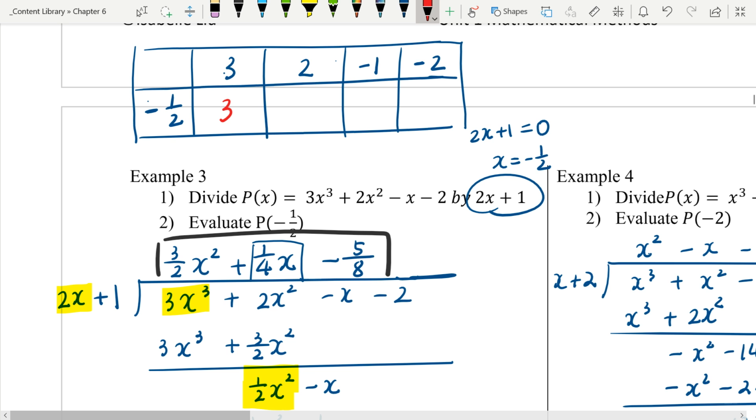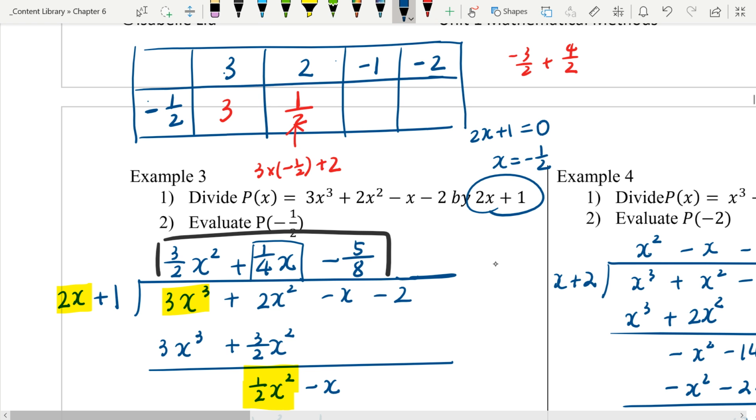So 3. After you write the 3, what's the calculation here? 3 times -1/2 plus 2. What's the value there? It's -3/2 plus 4/2, which is a half.